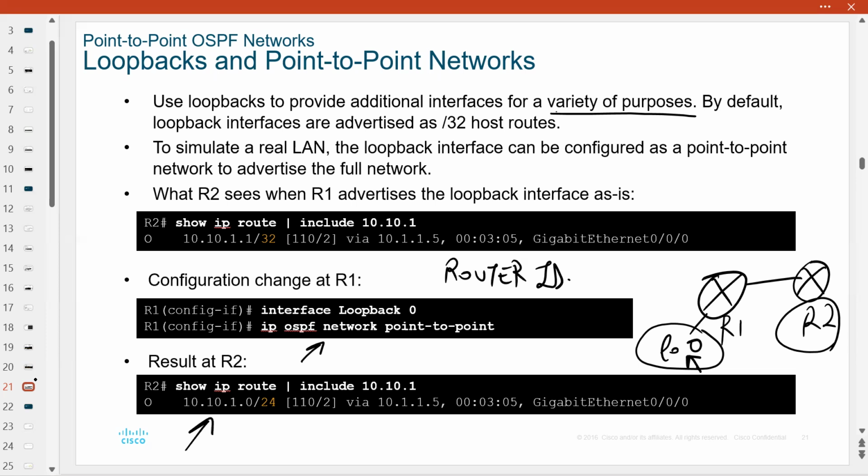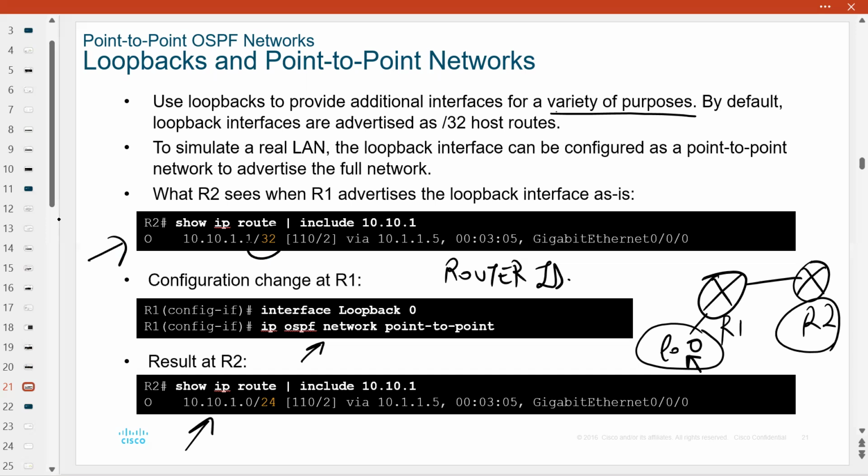Only addresses that advertise in the network, in the routing table, are addresses of networks. Addresses in the routing table are addresses of networks. In the first case, where it was not being treated as a network, you could see it was being treated as a host route, /32.